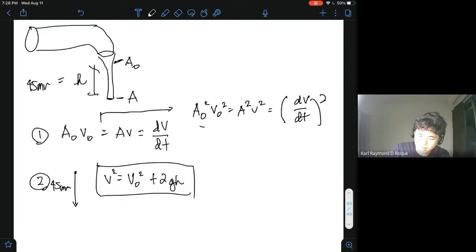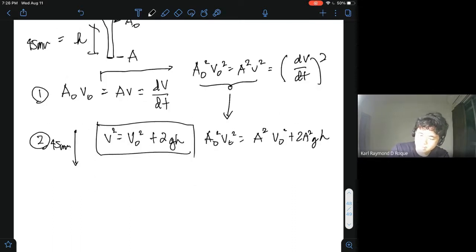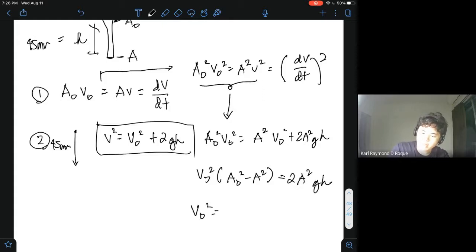Ayan, substitute natin dito. A naught squared V naught squared equals A squared V naught squared plus 2A squared gh. V naught squared times A naught squared minus A squared equals 2A squared gh. V naught squared equals 2A squared gh over A naught squared minus A squared.